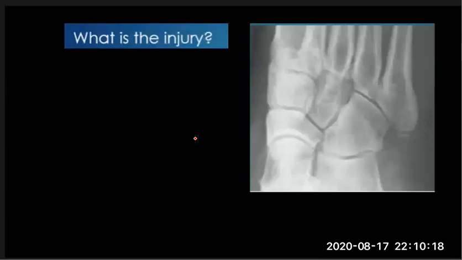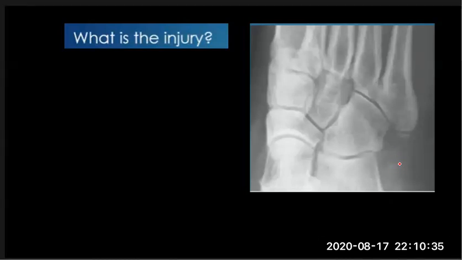Sesamoid bone? Why sesamoid bone? Well, it is a well corticated piece of bone, okay, but you don't see the sesamoid bone like this. There is a sesamoid bone in that area.